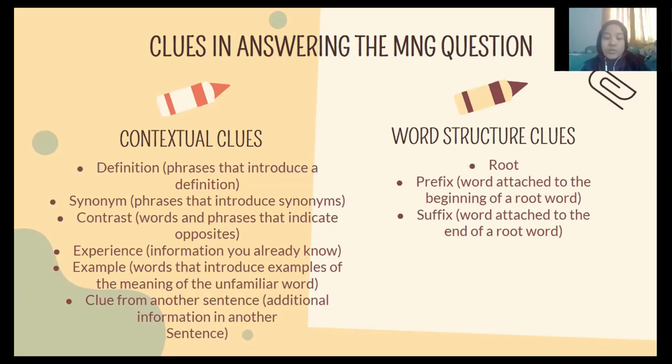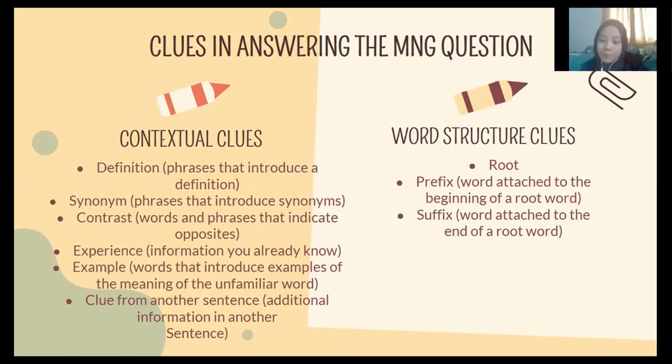The second contextual clue is the synonym, with indicators such as also known as, by this mean, in other words, etc. The third is contrast, words and phrases that indicate opposites, such as instead of, but, in contrast, on the other hand, etc.